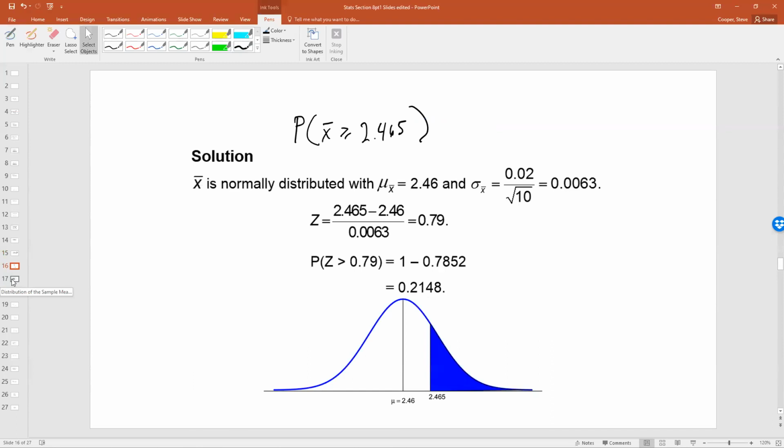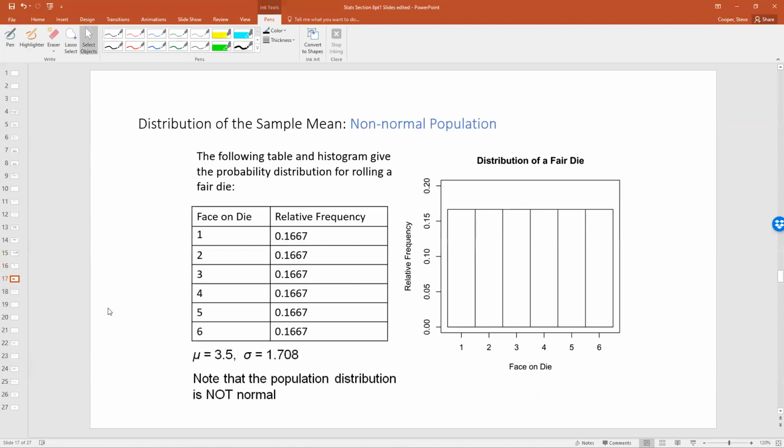Maybe it's a uniform distribution, maybe it's way skewed right or skewed in either direction. So what happens to the distribution of sample means if our sample comes from that underlying population that's not normal? Okay, so that's what we're going to start talking about here.